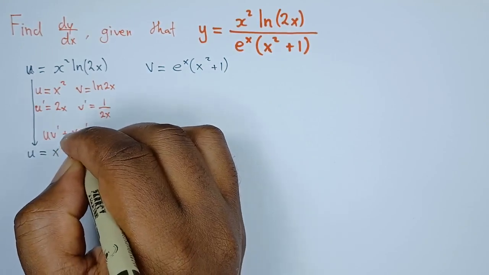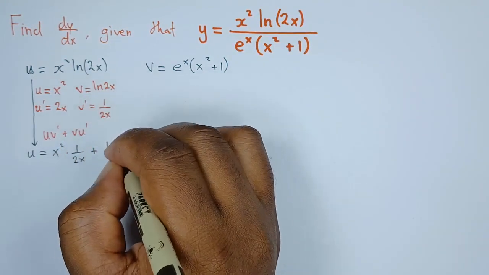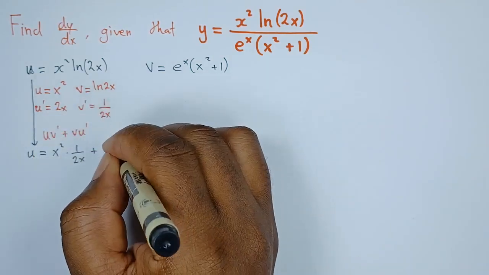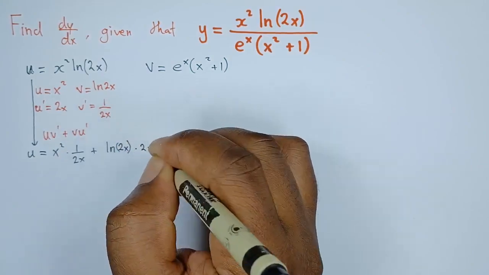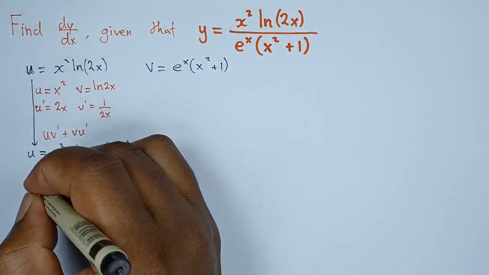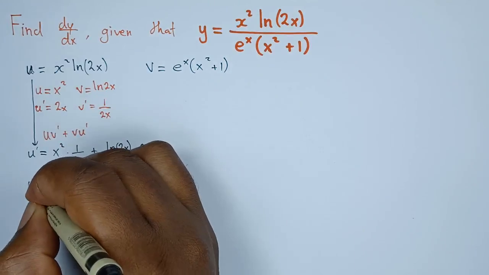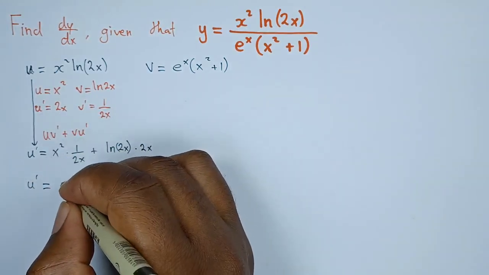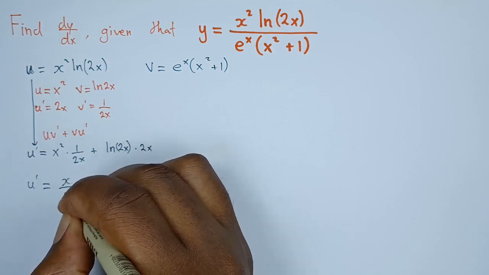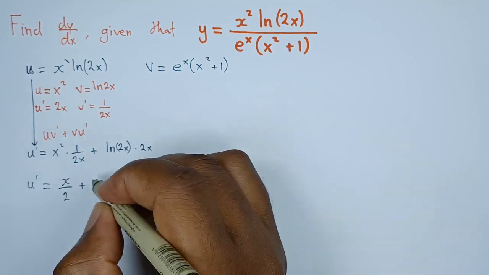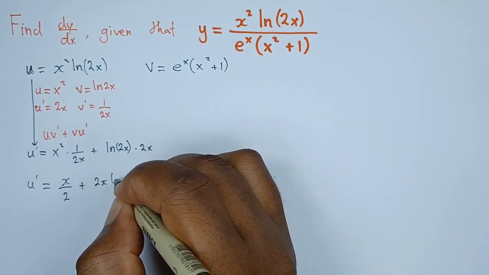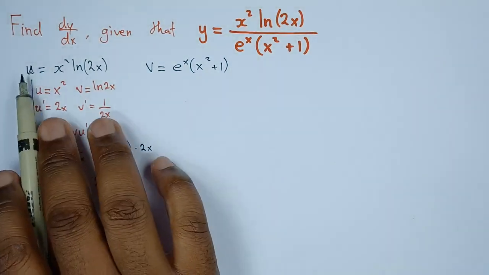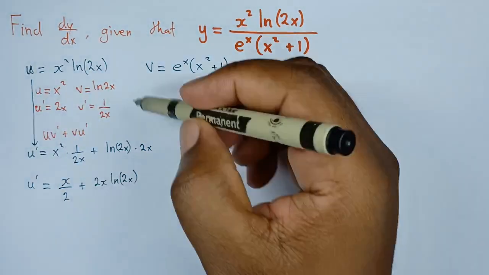Our v is ln 2x. And our u prime is 2x. So 2x, like that. So this derivative will be equals to the x and the x here will cancel, leaving us with x over 2 plus 2x ln 2x. That's what we get. So we have u, now we have u prime.